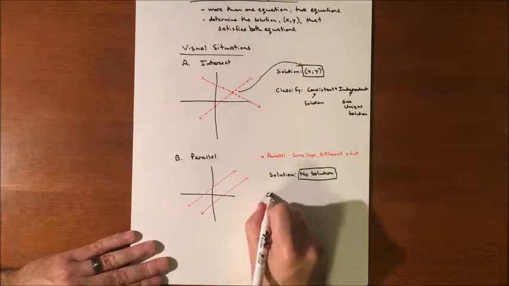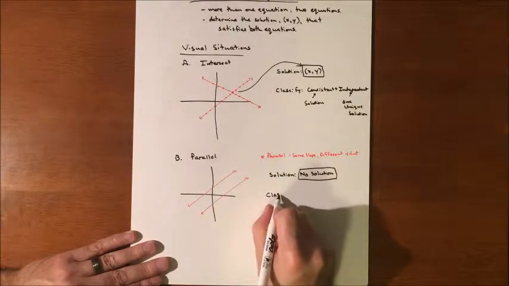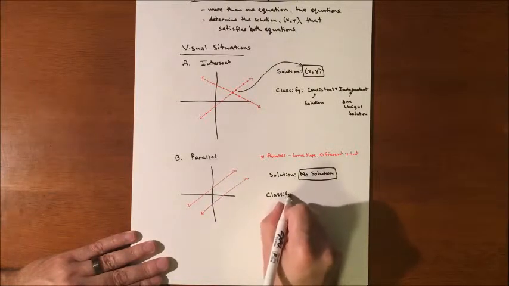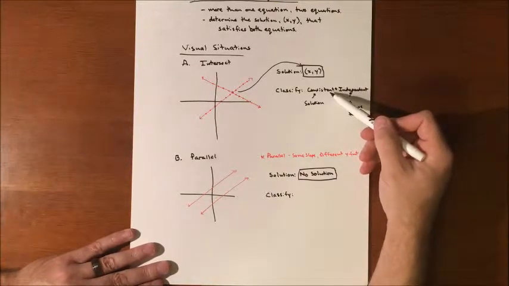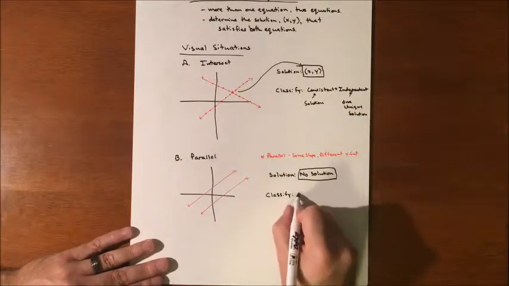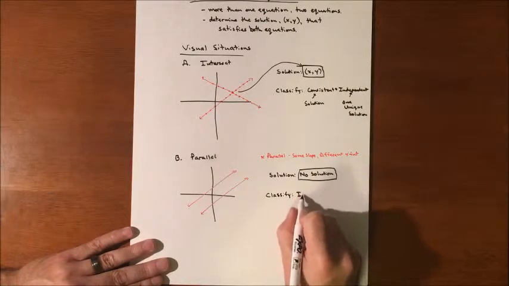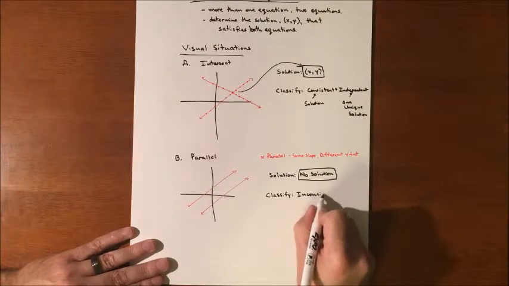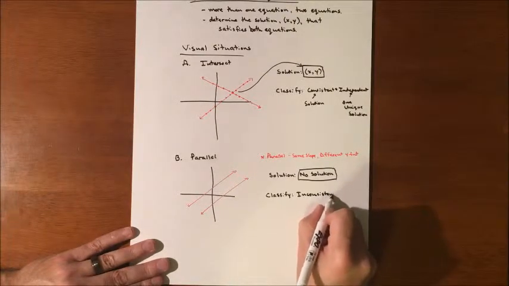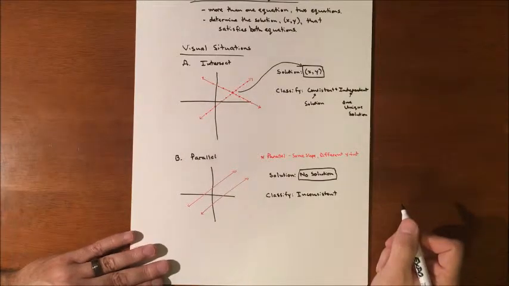To classify it, consistent represented that we had a solution. So if consistent represents that you have a solution, this, because it does not have a solution, is inconsistent. And that's it.